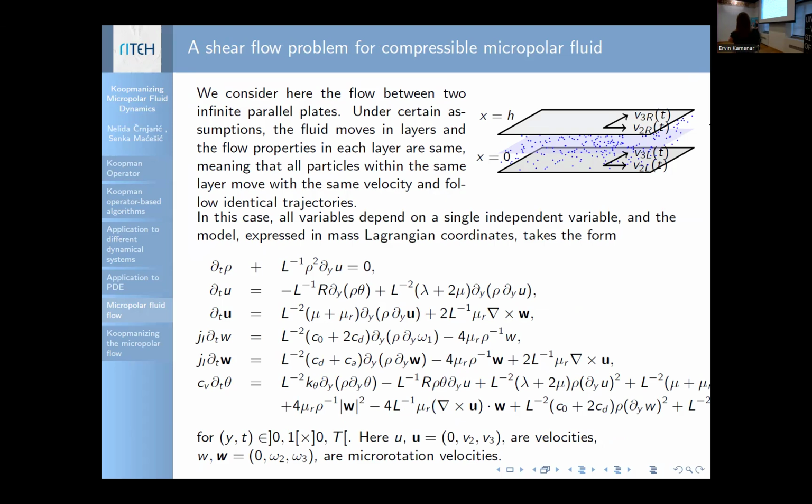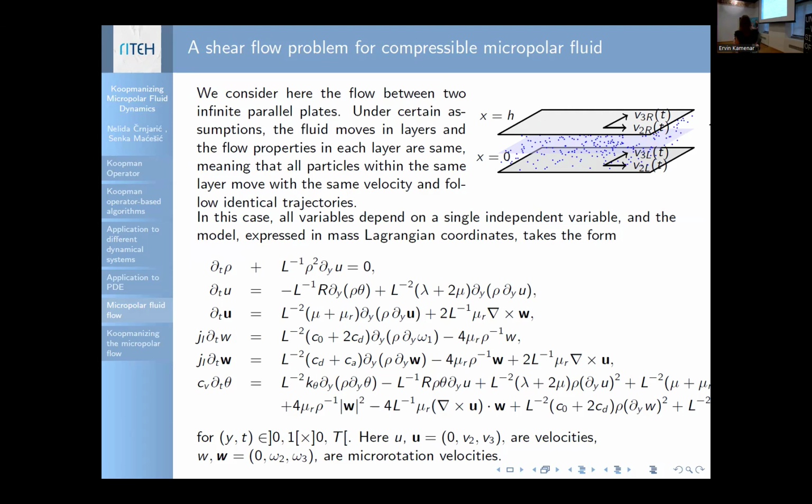I consider here not a three-dimensional case, but just one-dimensional, the flow between two parallel plates, and a special case of flow where the flow is stratified into layers, and each layer moves with the same velocity and follows each trajectory, so that the problem becomes one-dimensional in Lagrangian formulation.